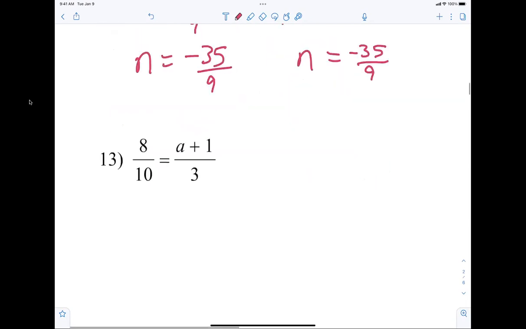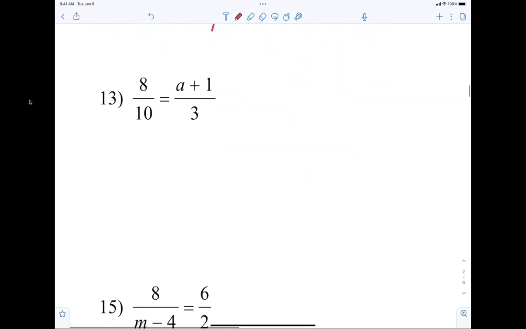So over here, number 13, I really want you to just multiply both sides by what? 3. Do you always multiply by 3? No, I don't always do anything. I think before I do the problem.